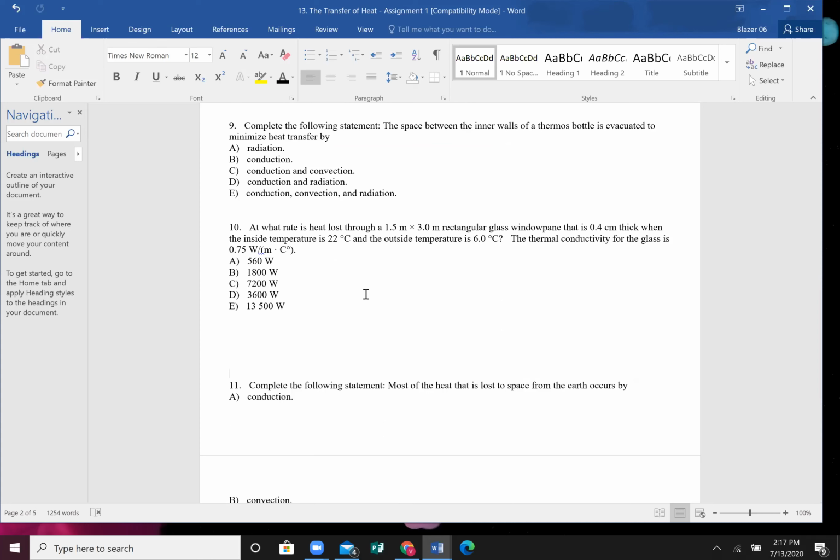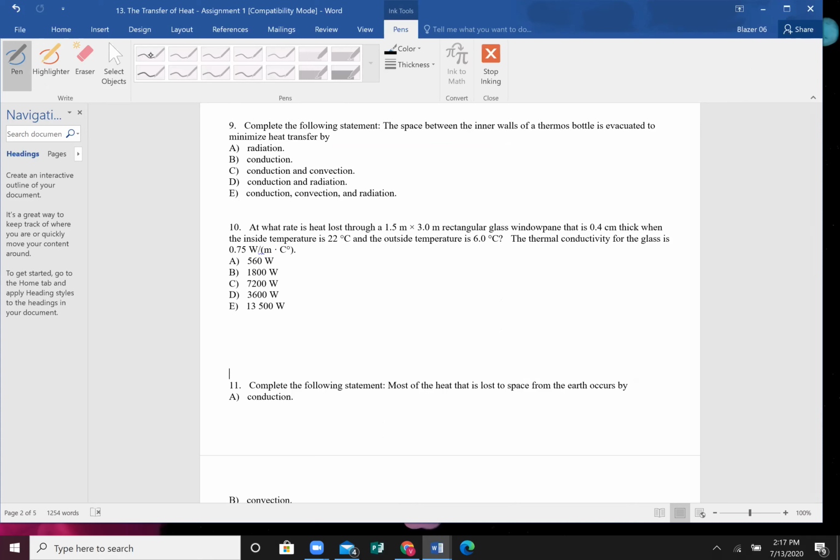So remember we said that heat is in joules, and the rate of anything is that quantity per unit time.